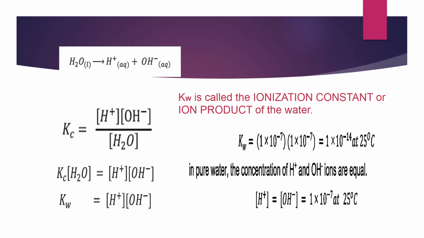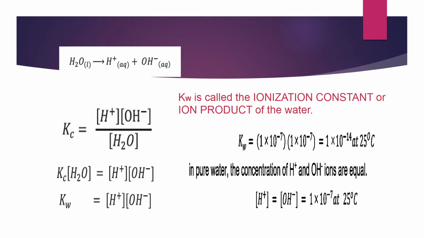Now we write down the Kc expression for this reaction. The hydrogen ion concentration and hydroxide ion concentration will be in the numerator, and water, being the reactant, will be in the denominator. By writing this Kc expression, you can see that the concentration of water remains the same.